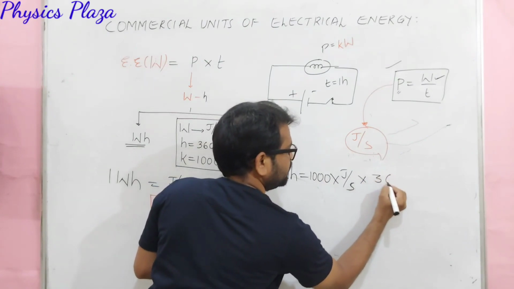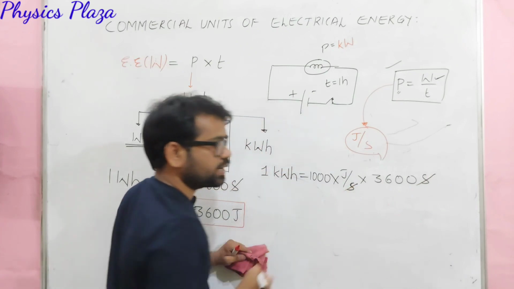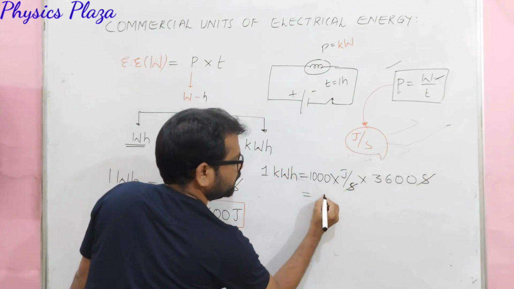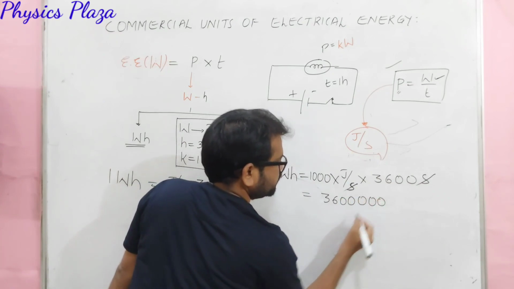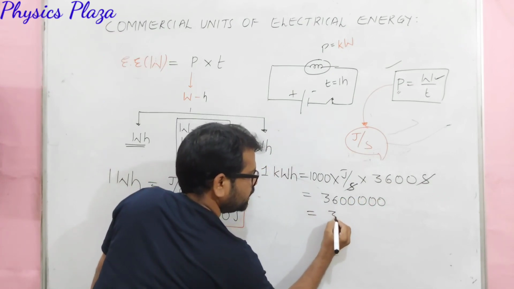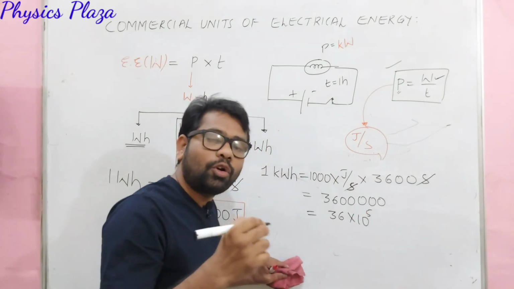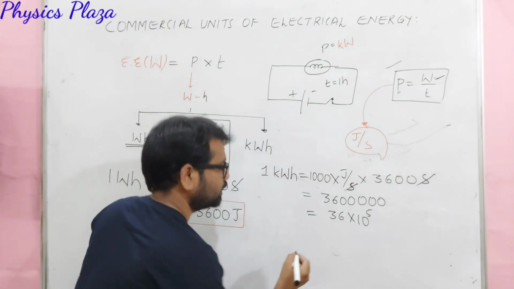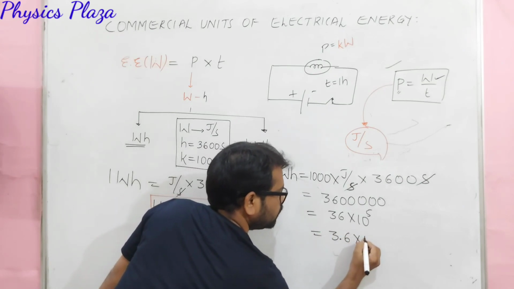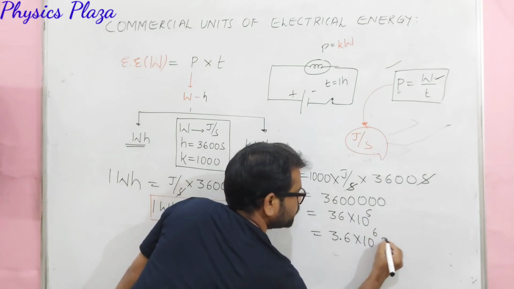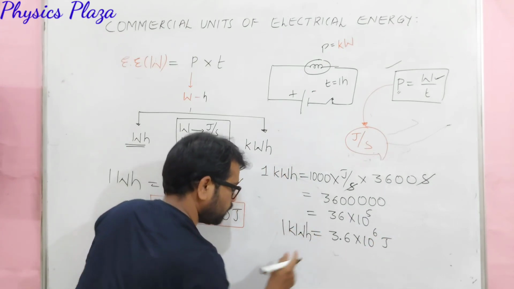Here the seconds get cancelled. Then you will get 3,600,000. This we can write as 36 into 10 power 5. But according to the order of magnitude concept, it can be written as 3.6 into 10 power 6 joules. So this is what 1 kilowatt hour is.